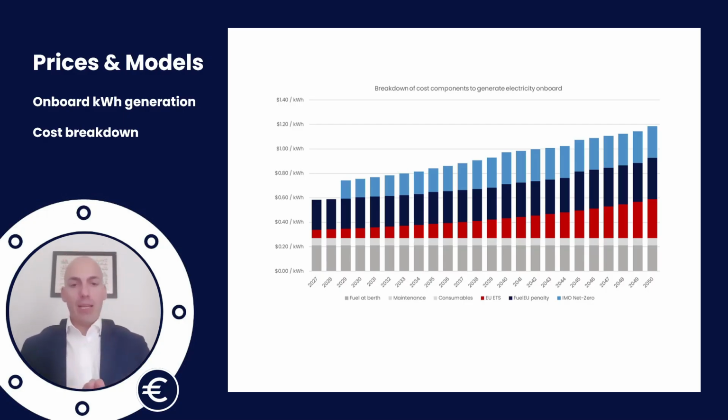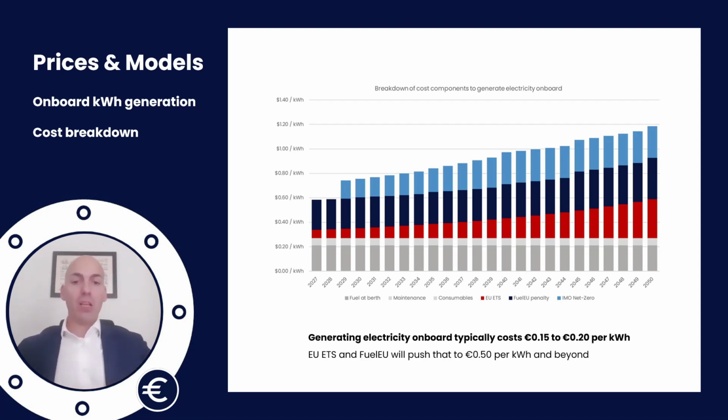But if we look at this, for every year we just have bare fuel cost, associated maintenance, EU ETS carbon tax, and then we have different regulations, and maybe at some point more regulations, more costs, etc. The bare minimum of generating electricity on board, historically, would be about 15 to 20 cents per kilowatt hour. 20 cents currently because the price of fuel is quite high, but that is typically the range.